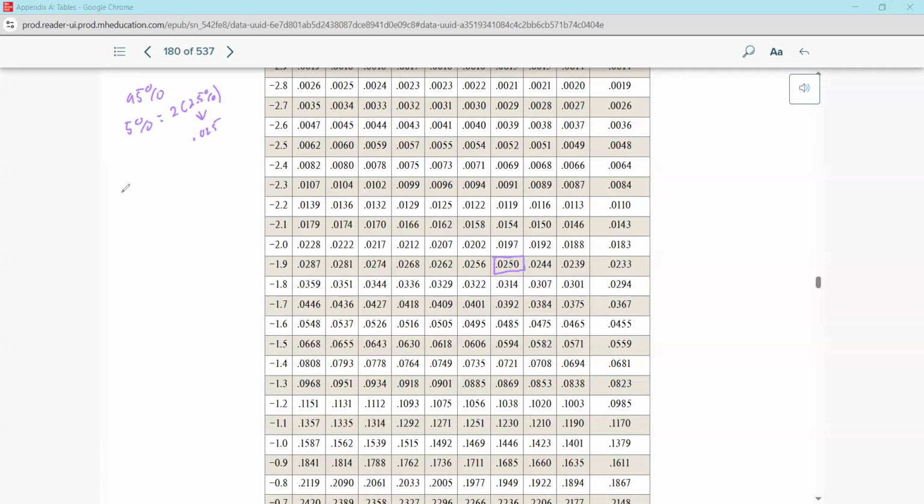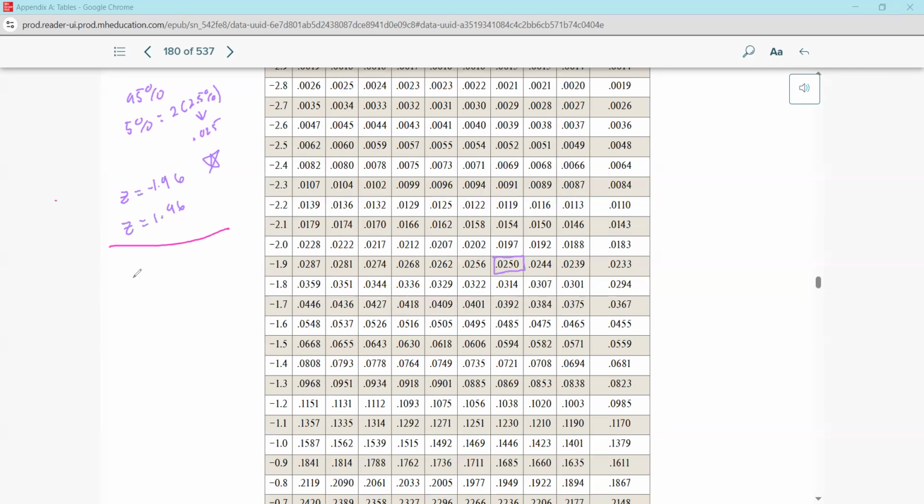So that means my z-score would be negative 1.96. And so if this is the z-score on this side, that means my other z-score will be positive 1.96. So this will be for the 95 percentile. You need to know this. Right now we're looking for it, but in the future, this is the answer I'm going to just flat out ask you.